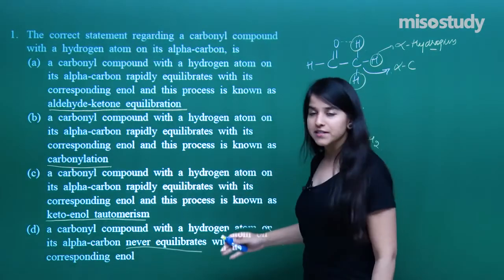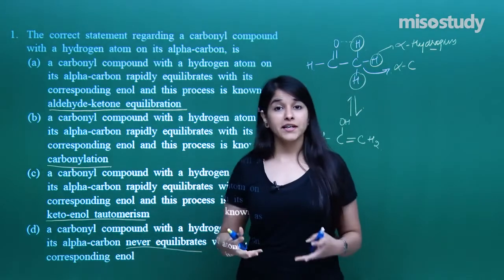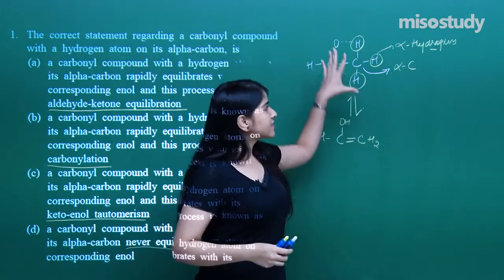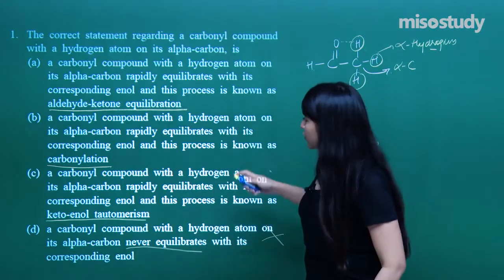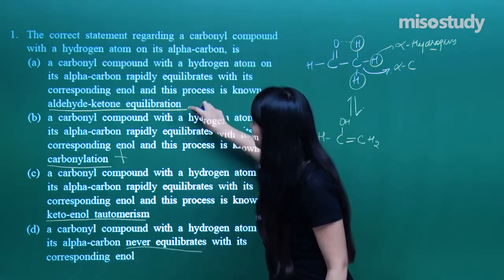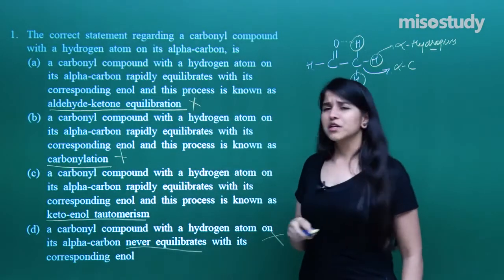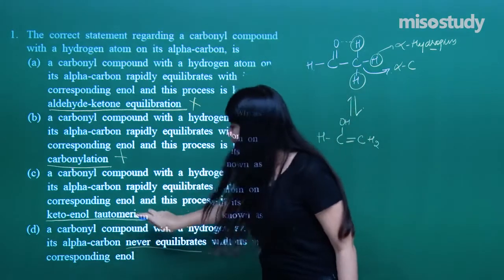Let's move on to the rest of the 3. In the rest of the 3, we all know what tautomerism is. So this process is nothing but tautomerism. We eliminate thus the possibility of carbonylation as well as aldehyde ketone equilibration. We do not call it by this name, but what? Keto-enol tautomerism.